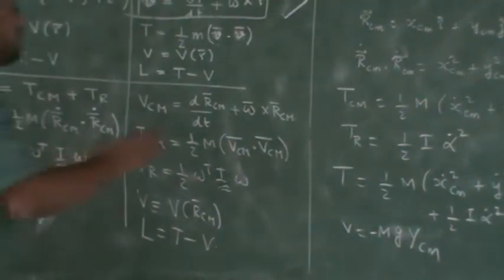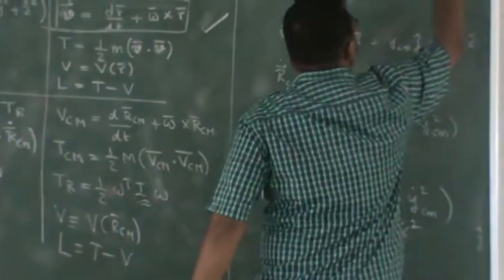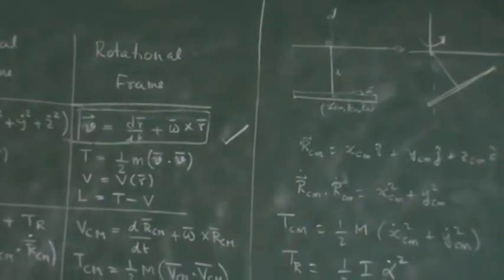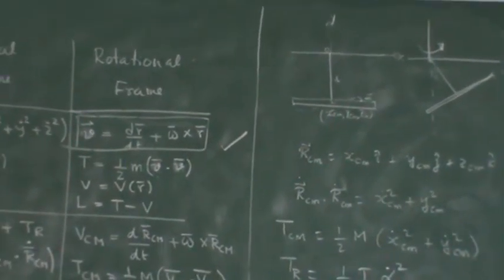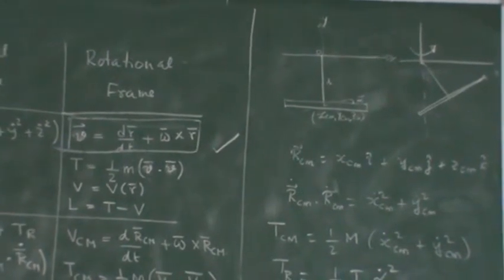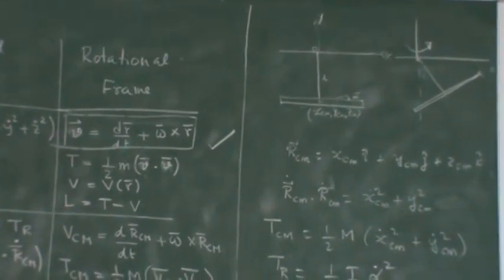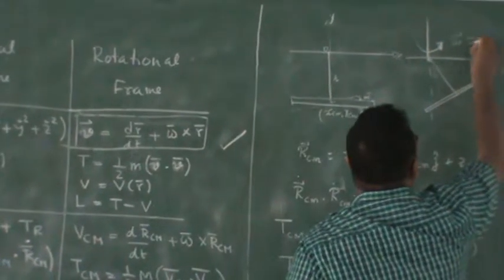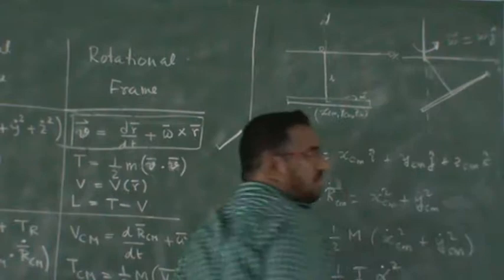Now this is going to rotate. It's also rotating. If this frame is rotating, what will happen? This frame is rotating with angular velocity omega equal to omega times j.